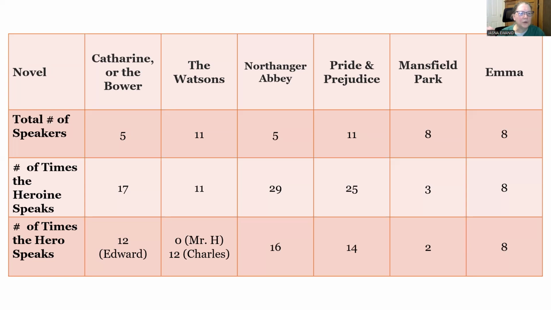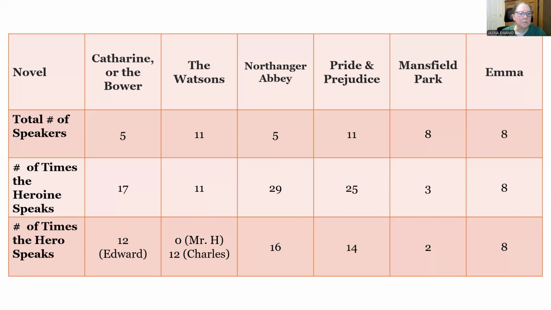I was looking at turns at speaking, not how many sentences someone said. There are also lots of situations where Austen would summarize someone's speech but not quote them directly. So the total number of speakers are the people she's quoting directly in each of the ballroom scenes.